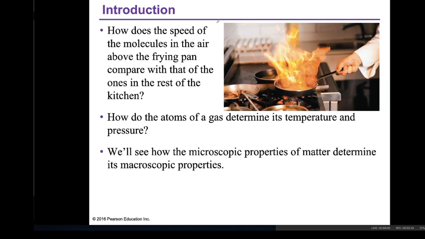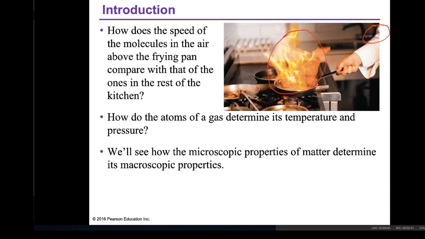So here is a picture of a frying pan. You see the frying pan is on fire, so the temperature should be really high in this region compared to other regions like here.